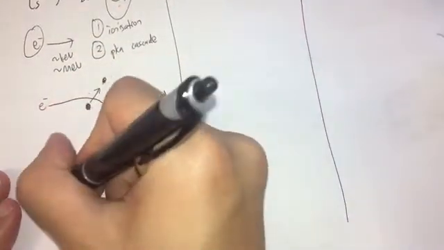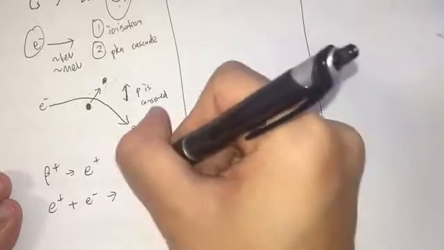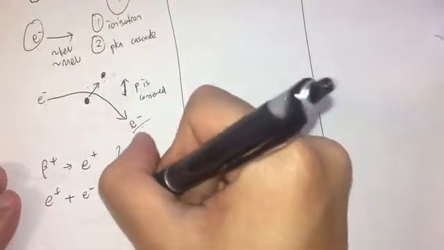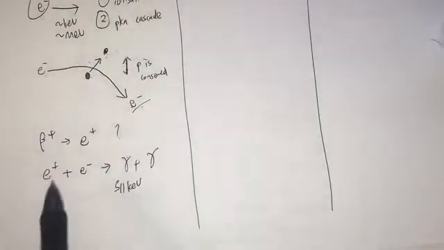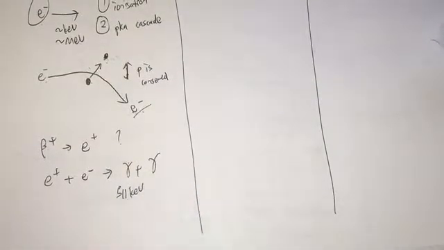Well, an anti-electron will usually find an electron, and you'll produce two gamma rays, each of about 511 keV, because antimatter and matter annihilate each other and form into energy. These are the photons that come out. So that's it for beta plus radiation.